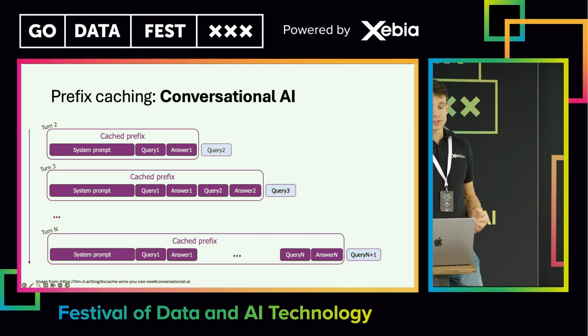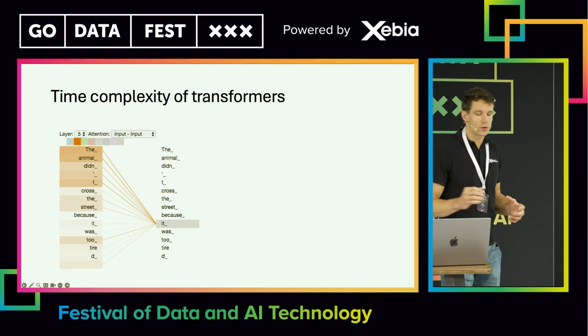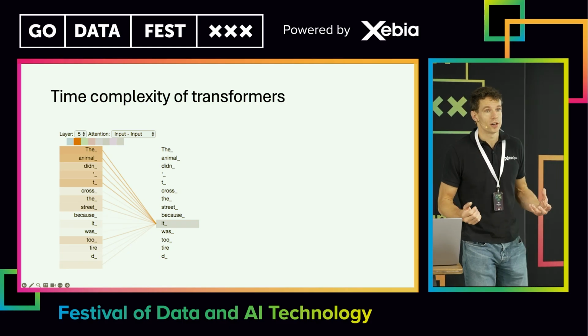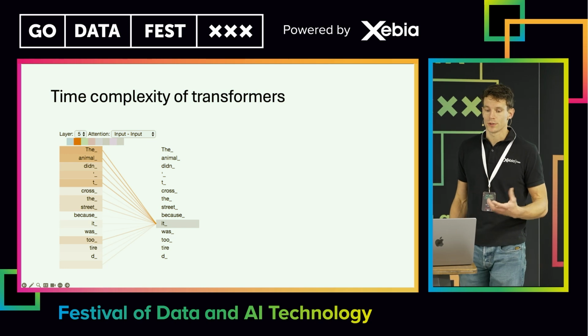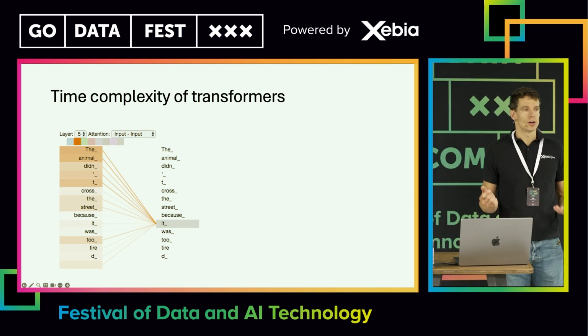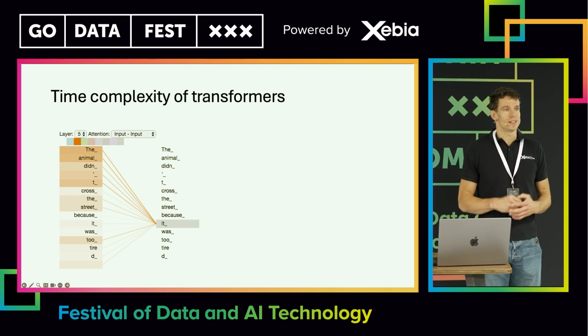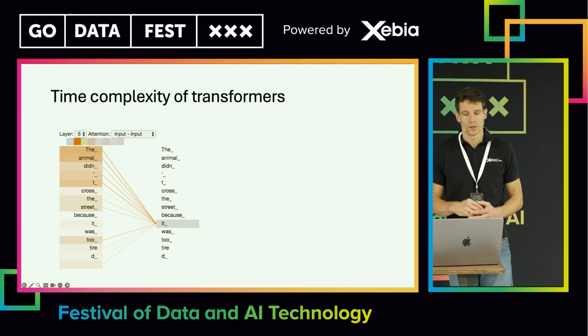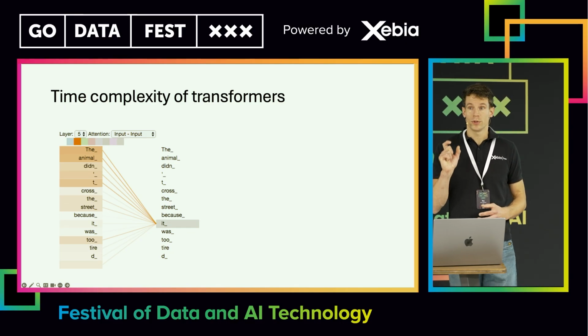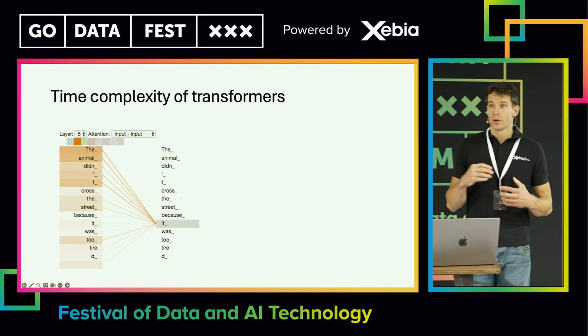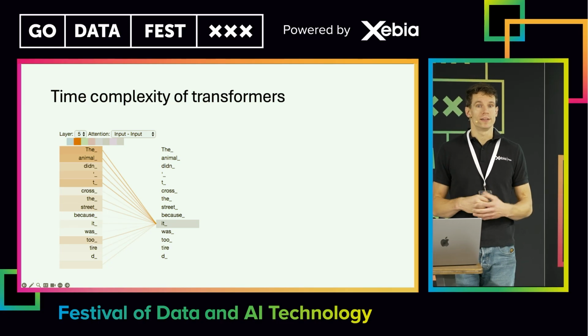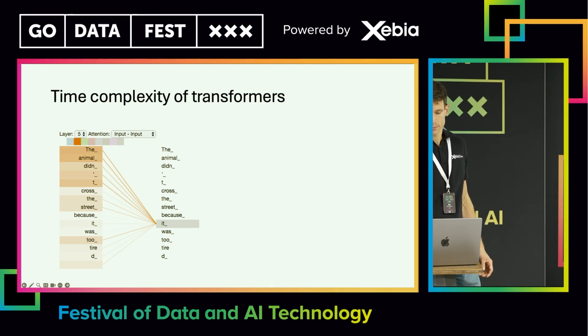So this in itself is not a problem, but then when we look at the model architecture of LLMs, all LLMs nowadays are transformer models. And at the heart of a transformer model is the self-attention mechanism, which computes a pairwise interaction of all the words in your input to understand the language that you send to it.